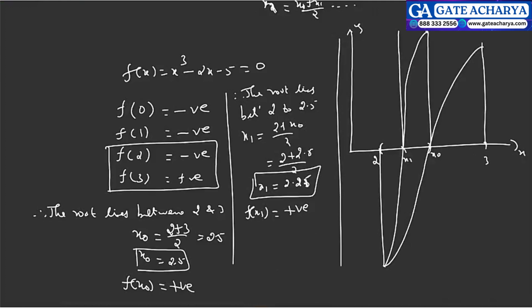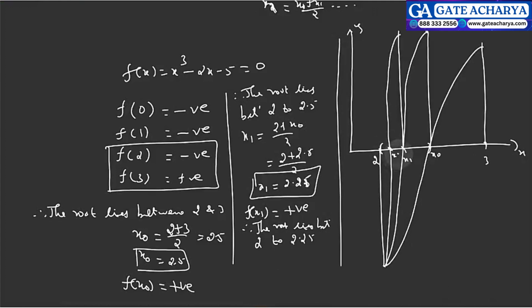So the function curve is between these two, 2 and x1. Therefore, the root lies between 2 and x1, where the x1 point is 2.25. Therefore, there is a root between 2 and x1.